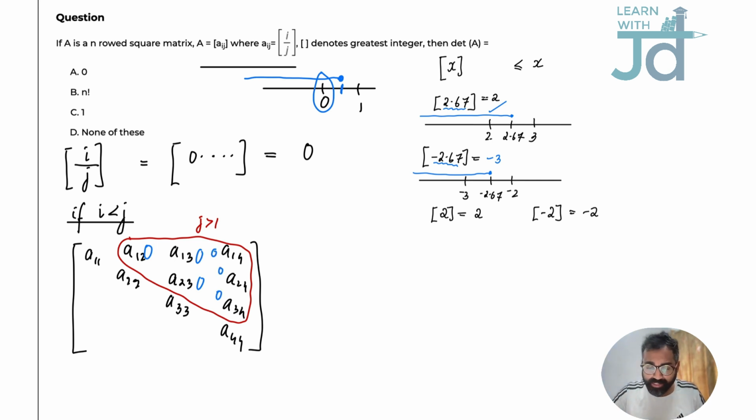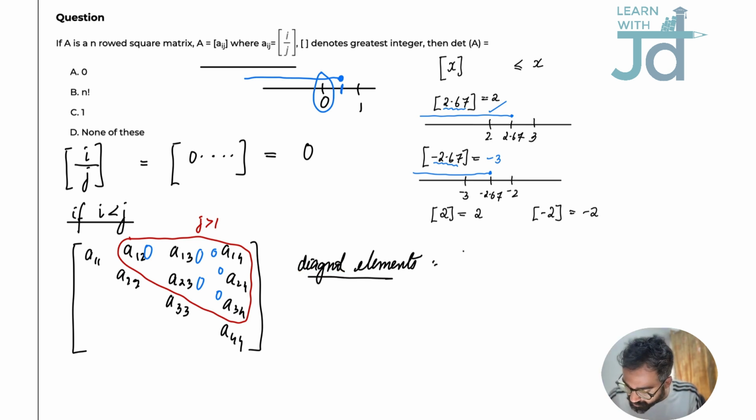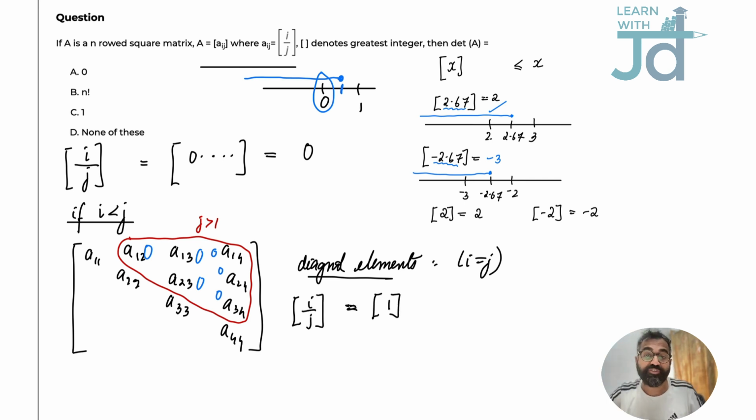What about diagonal elements? For diagonal elements, i is equal to j, right? So the greatest integer function of i by j will be what? It will be the greatest integer function of 1, because i equals j, the same value, like 4 by 4 is 1, 5 by 5 is 1, so this is 1.